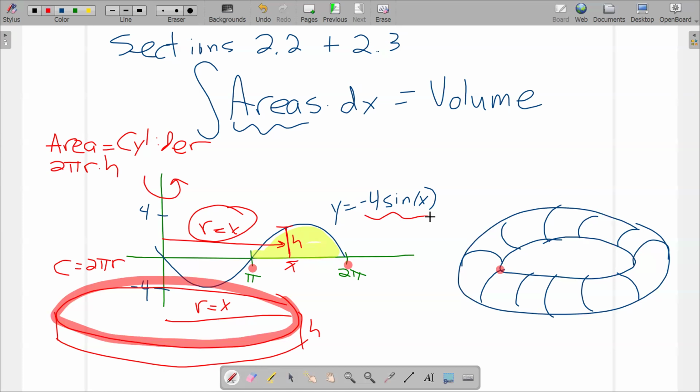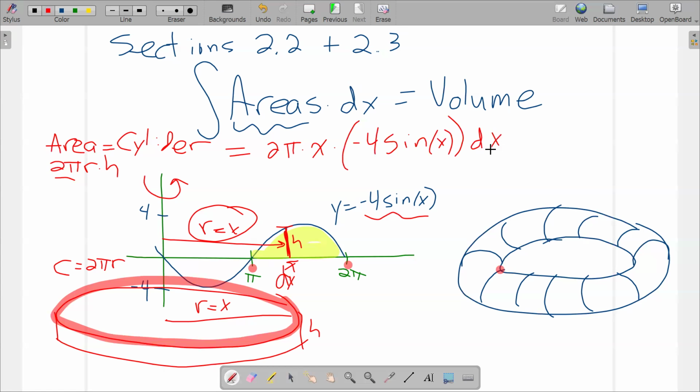So then my areas must be 2 pi times a radius of x in this case, times a height of -4 sine of x. So that's the area of one of these cylinders. If we put a dx on it, well, that would be the thickness of the paper that we're making the cylinder out of.